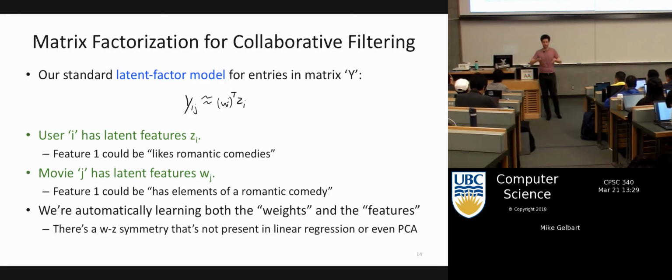It's just kind of the romantic comedy feature. And again, PCA may not learn about romantic comedies, and it's certainly not going to give you the interpretation of what these features mean. It's just going to give you two matrices, and that's all you get.